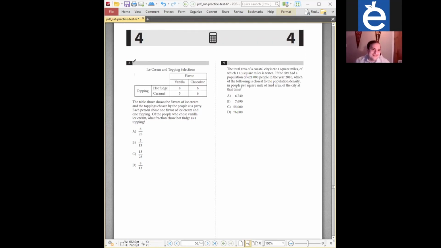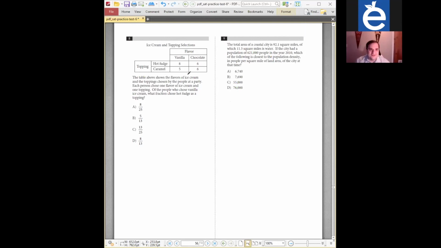So the table above shows the flavors of ice cream and the toppings chosen by people at a party. Each person chose one flavor of ice cream and one topping. Of the people who chose vanilla ice cream. All right, so here's what you need to remember about these.